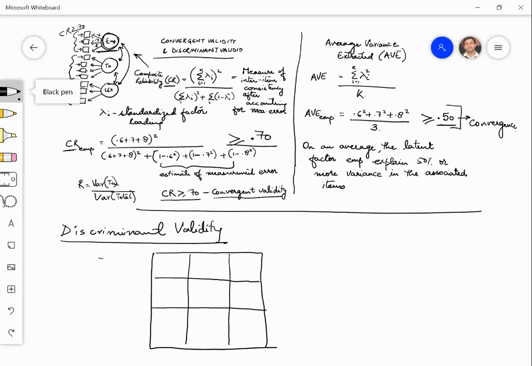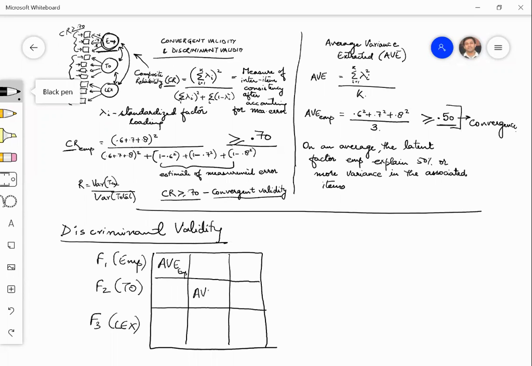Factor 1, which is EMP, factor 2, which is task orientation, factor 3, which is LEX. So now you have the AVE of each of these that you have computed along the diagonal.